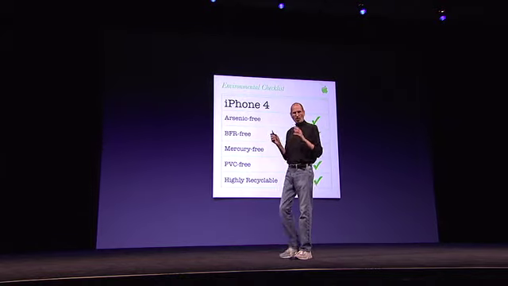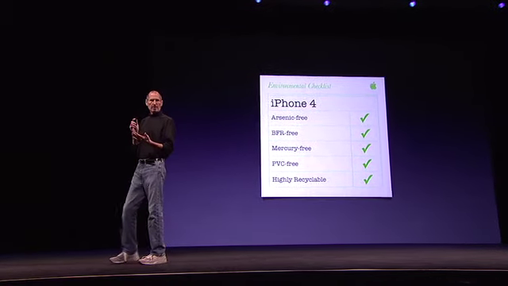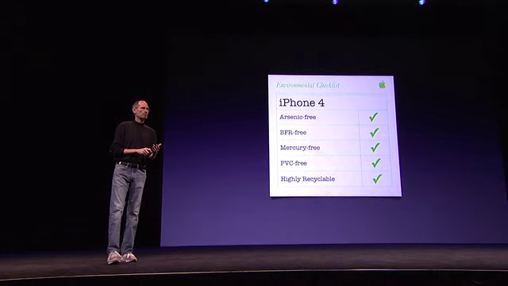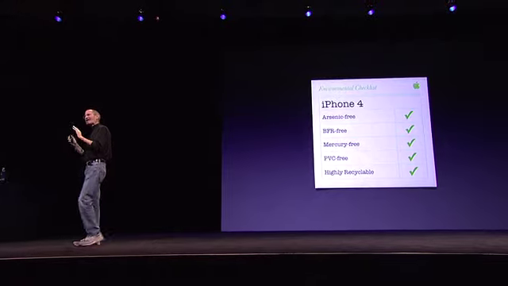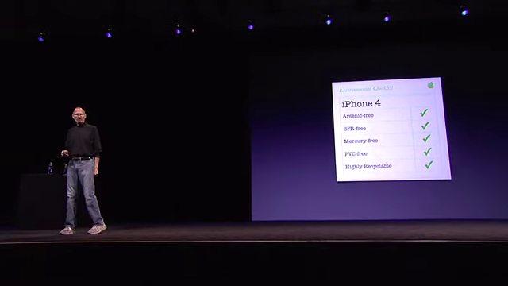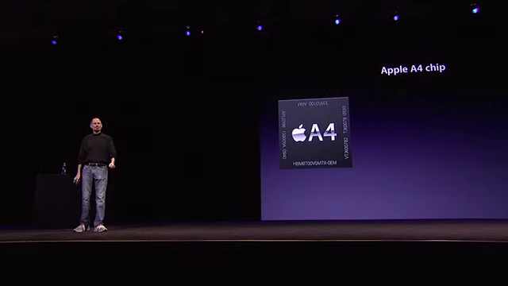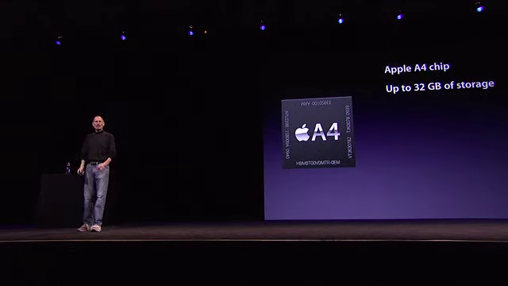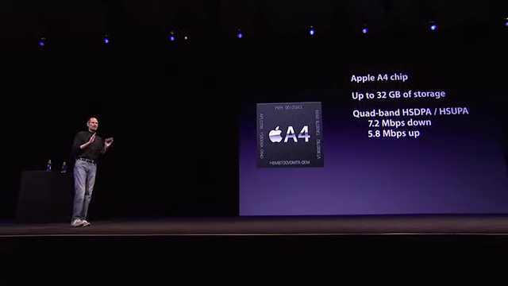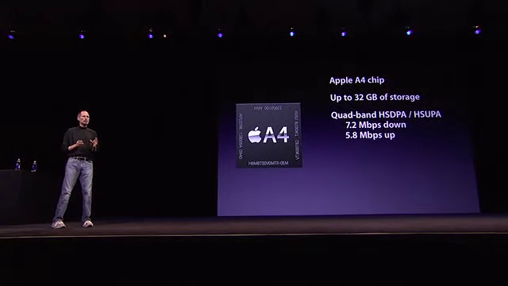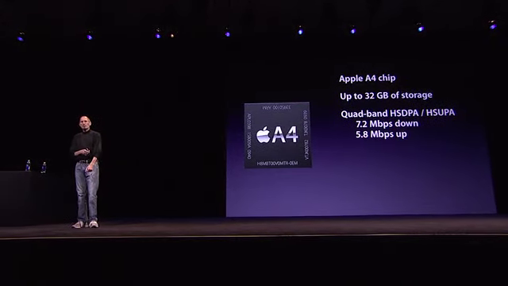Also, our environmental report card is strong. Arsenic-free, BFR-free, mercury-free, PVC-free, and stainless steel and glass are highly recyclable materials. So we're doing great there. So the A4 chip, up to 32 gigabytes of storage, quad band HSDPA and HSUPA for 7.2 megabits per second down, 5.8 megabits per second up.